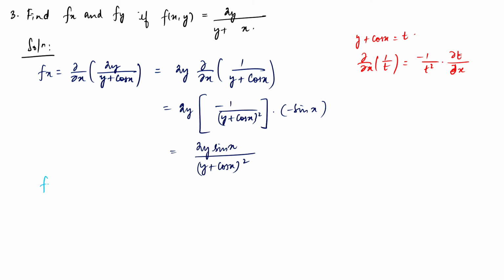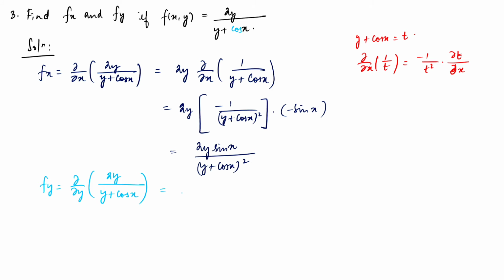Now we will have to perform it for y. So that is del upon del y of y upon y plus cos x. Which method? The UV by V method, that is the quotient rule. Yeah, good.